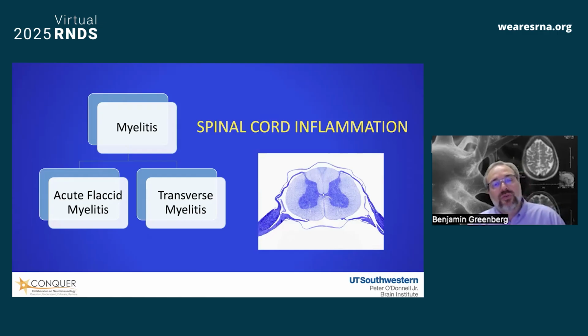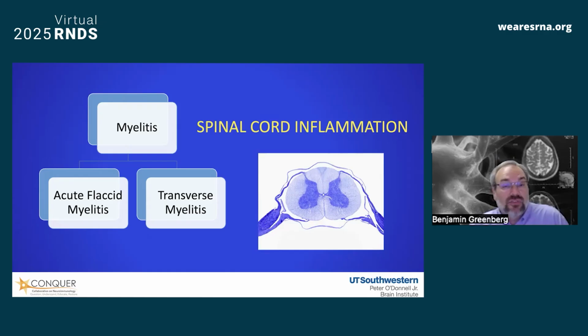And in this group, transverse referred to the sensory deficit that individuals would have, where they would say from a level down they couldn't feel things. And indeed, when we looked at the spinal cord across the cord in a transverse plane, there was inflammation. That term transverse got attached to the word myelitis, forever plaguing our alphabet soup.